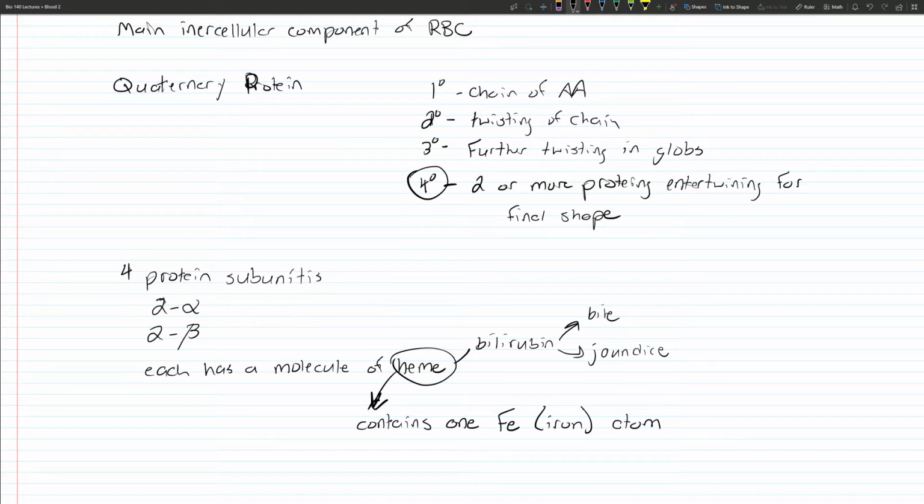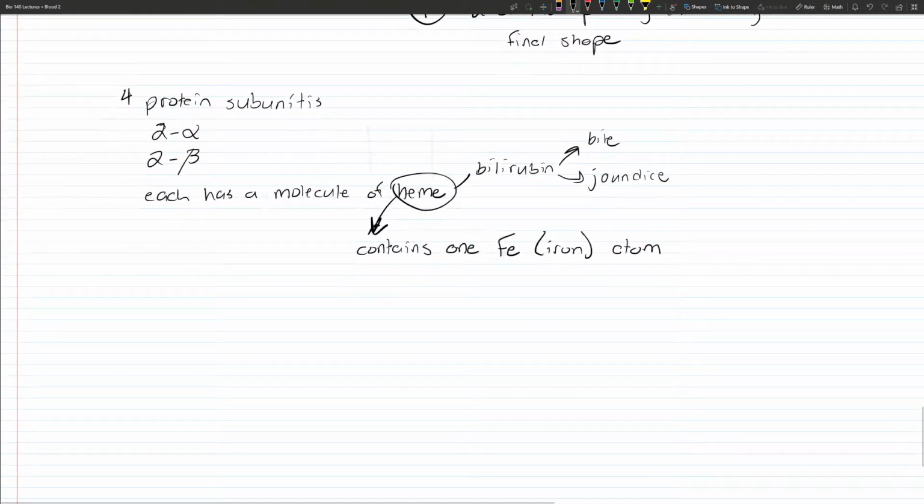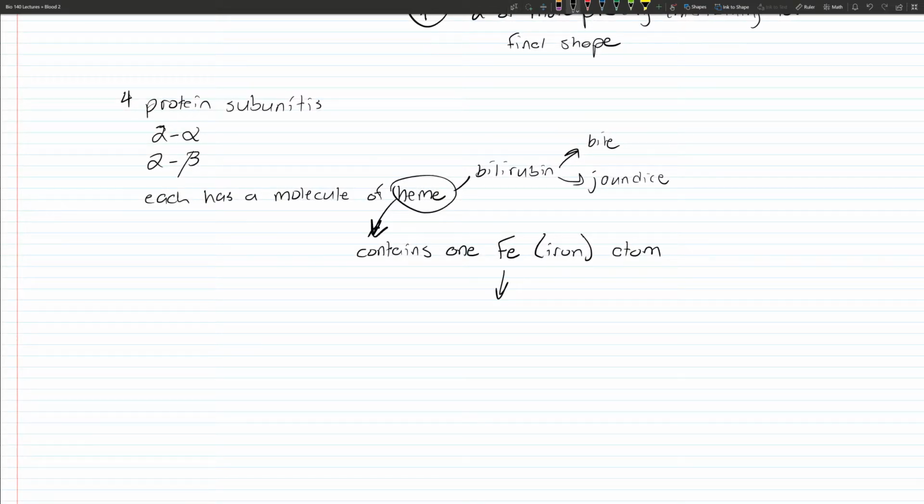So every hemoglobin molecule can carry 4 oxygen molecules. Okay. It is this iron that allows the binding of oxygen. Okay. And carbon dioxide. That is the iron.